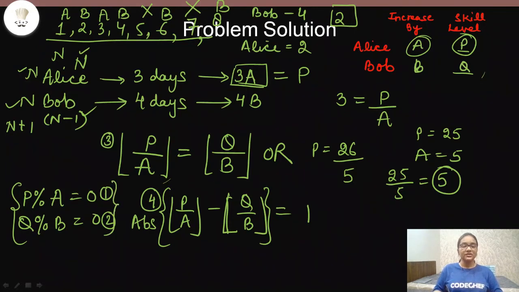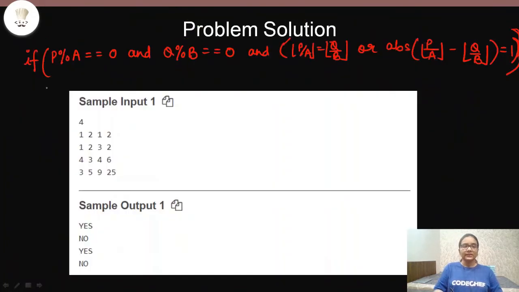These 2 conditions are a must, meaning they have to be there under the AND operator, and between the other 2 conditions one of them should be true. This will be your final condition to find out whether it will be a yes or a no, that means whether they will be able to achieve this skill set P and Q or not.